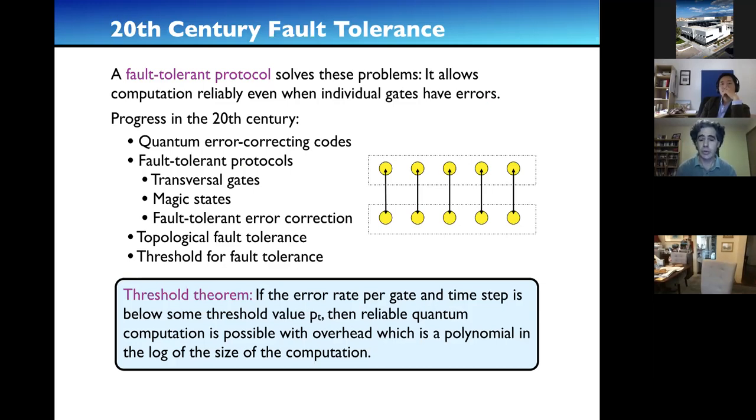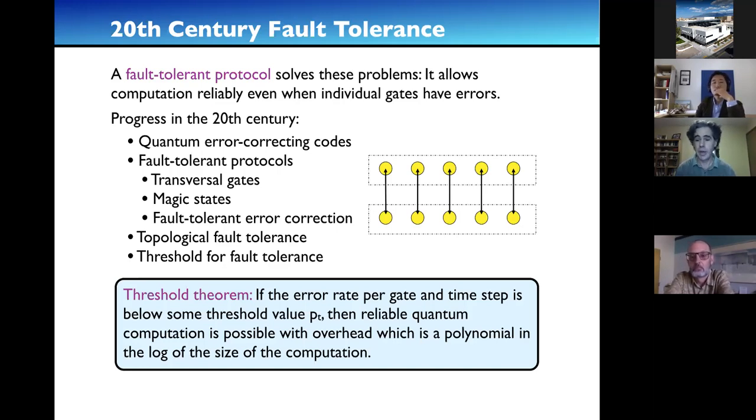And what the threshold theorem says is that if the error rate per gate and time step is below some constant threshold value, P sub t, then reliable quantum computation is possible with overhead, which is a polynomial in the log of the size of the computation you want to do. And so what that means is that if you're an experimentalist trying to build a quantum computer, all you have to do is get the error rate in your system below this threshold value.